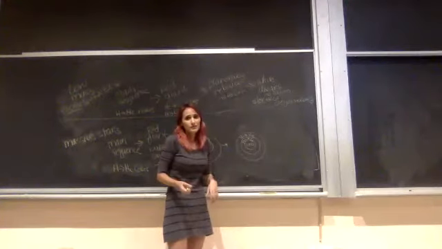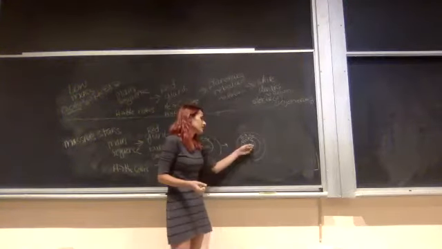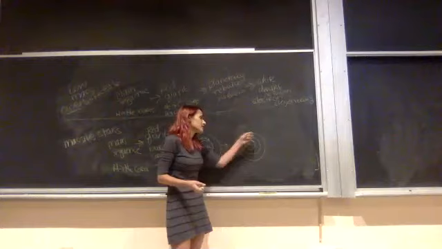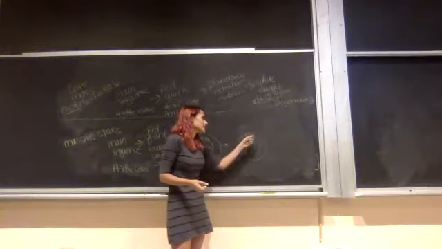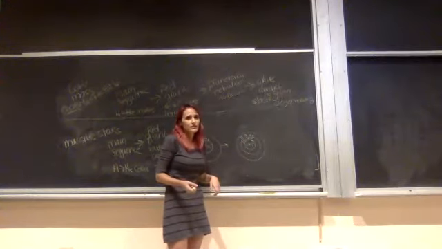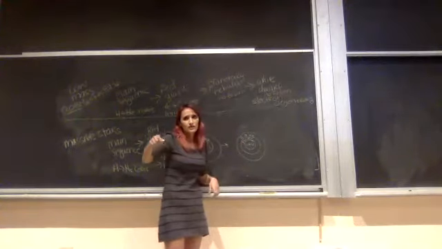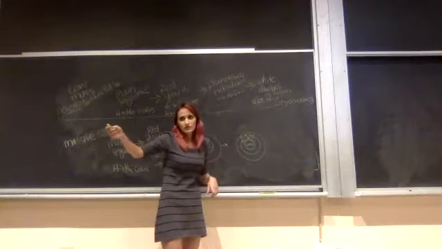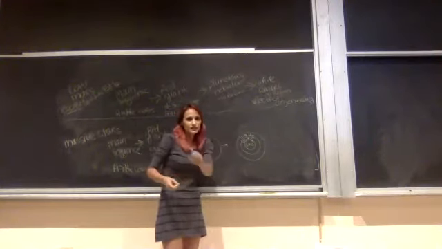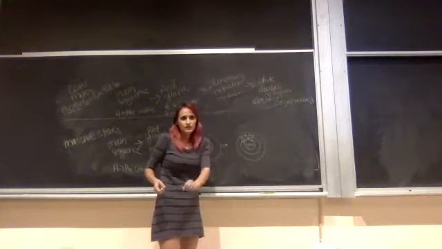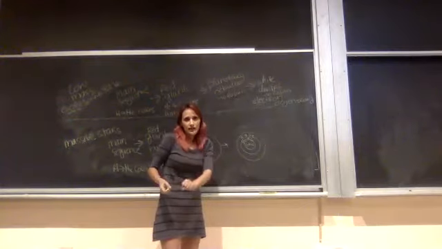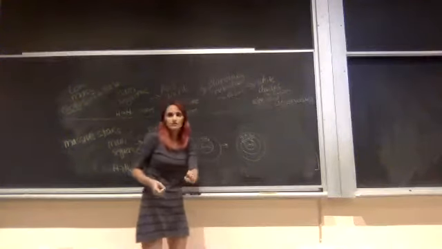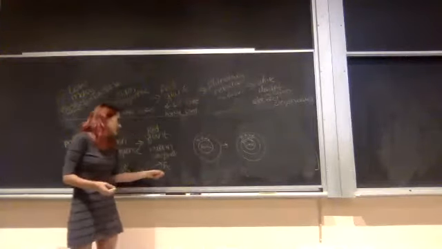It's really not important. You need to know hydrogen to helium, helium to carbon, and then carbon to other stuff, eventually iron. You need to know that carbon turns into other stuff. Eventually, you get iron, and iron is where you stop. You can't turn iron into anything else.